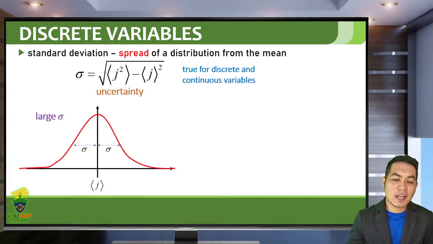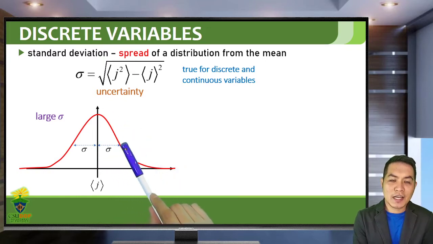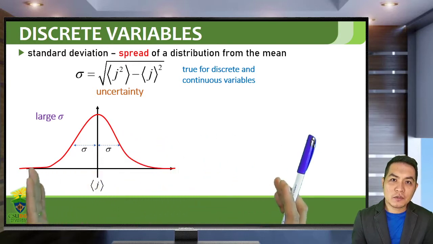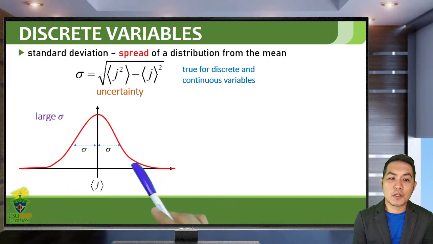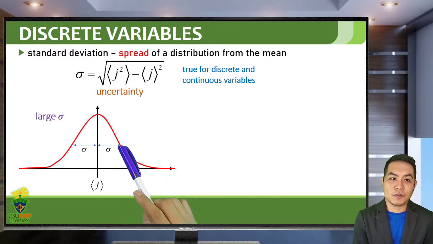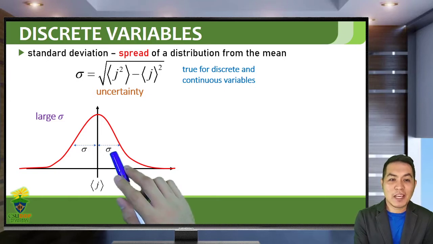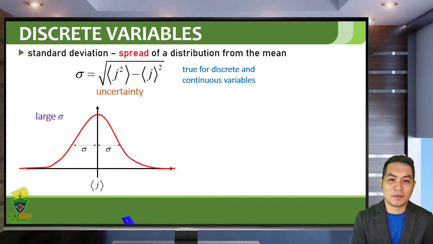If you have a large uncertainty, so if this is your distribution, then most of your values are widely distributed over a wide range. Some of the values are very far from the mean value. Some are very close, but there are also values that are very far. If, for instance, this is measurement data, then it would entail that your repeated measurements are not accurate because it has a large deviation from the mean.